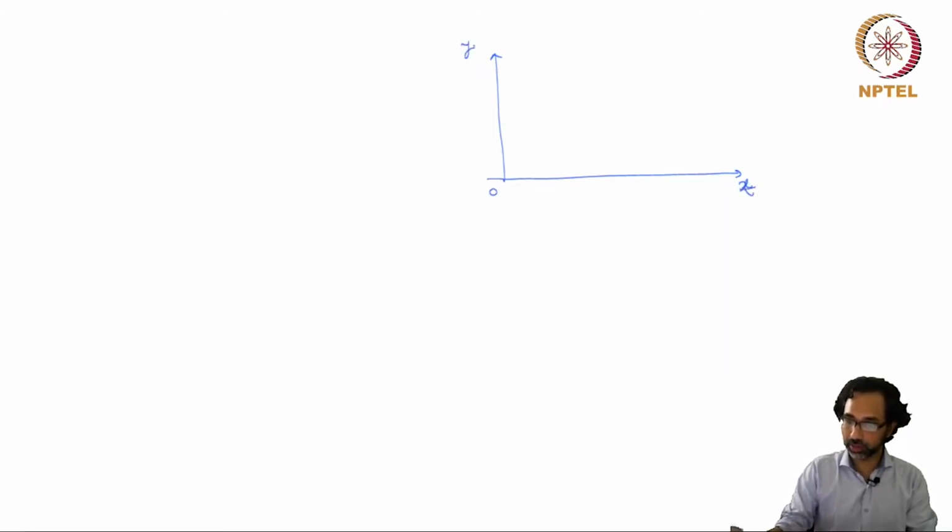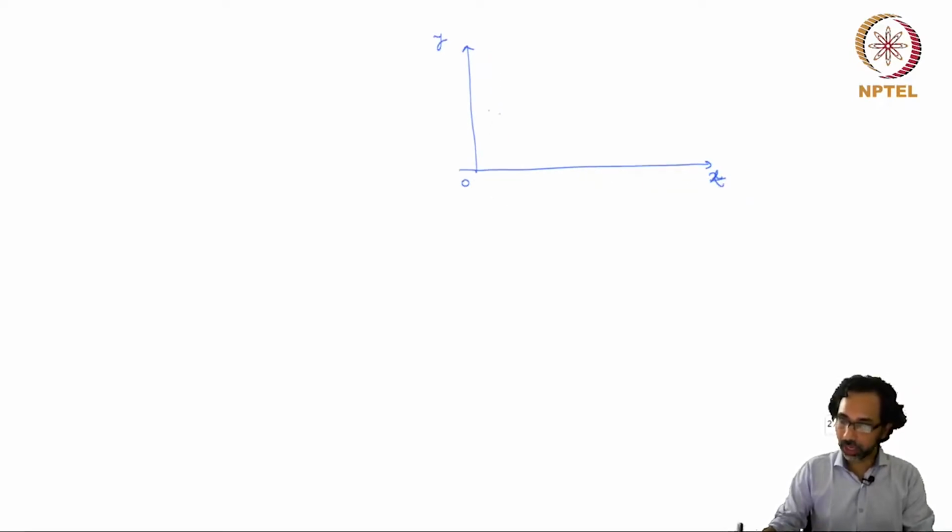So let's review what we learnt about piecewise continuous functions. Our piecewise continuous functions on 0 to infinity, so this is the t axis, this is the y axis, were broken up into chunks on some subintervals.